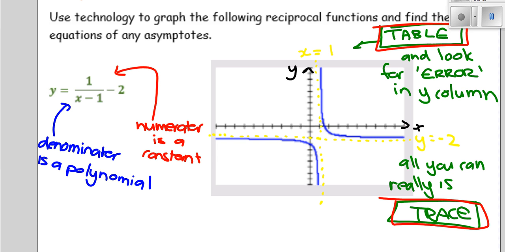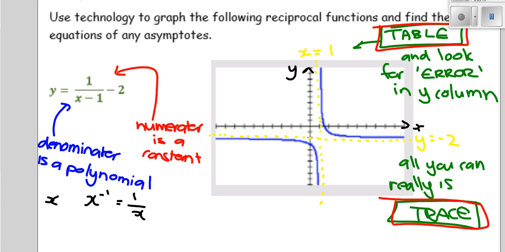Remember, a basic linear function is x. What would be the reciprocal of x? x to the -1. And x to the -1 equals 1 over x. So when it's in the form of a constant over an x, that's how it's a reciprocal.